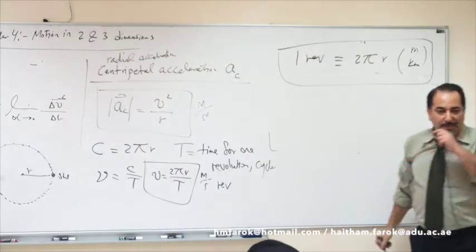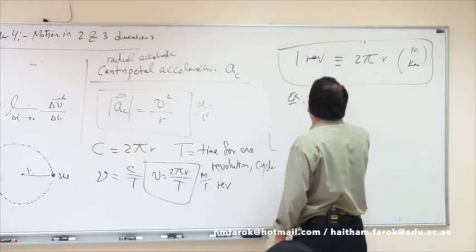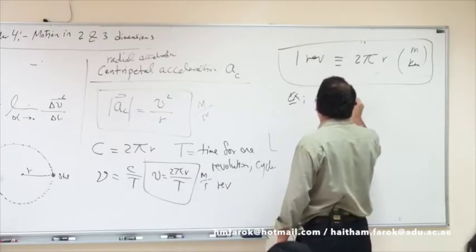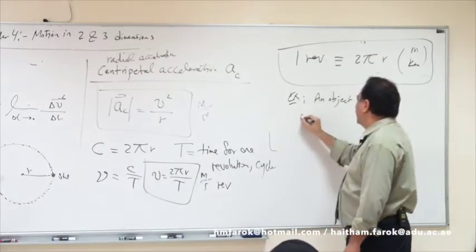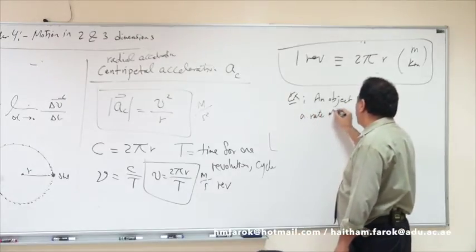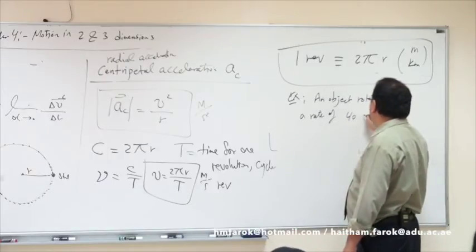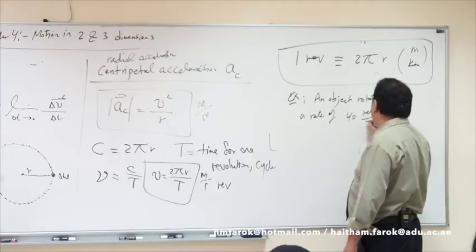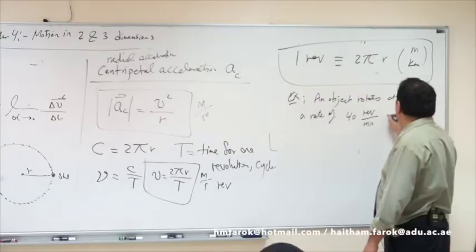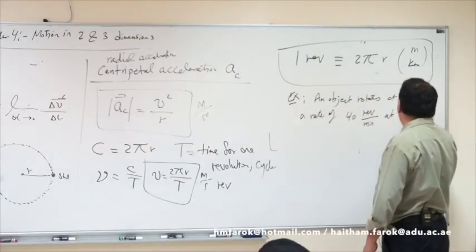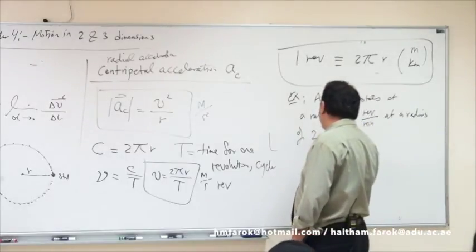Now let me give you an example on this one. An object rotates at a rate of 40 rev per minute, revolution per minute, at a radius of 2 meters.